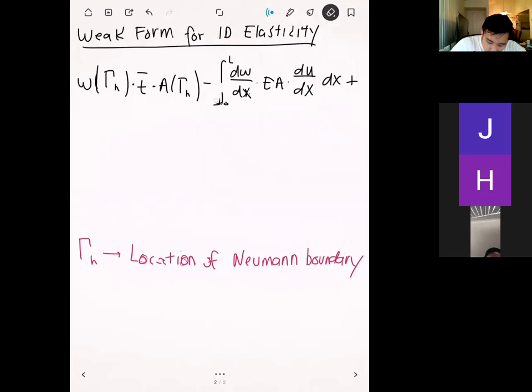We can think of this as the primary physics term, which contains our Young's modulus and our area. Thinking ahead a little bit, eventually this integral is going to form the basis for our element stiffness matrix.